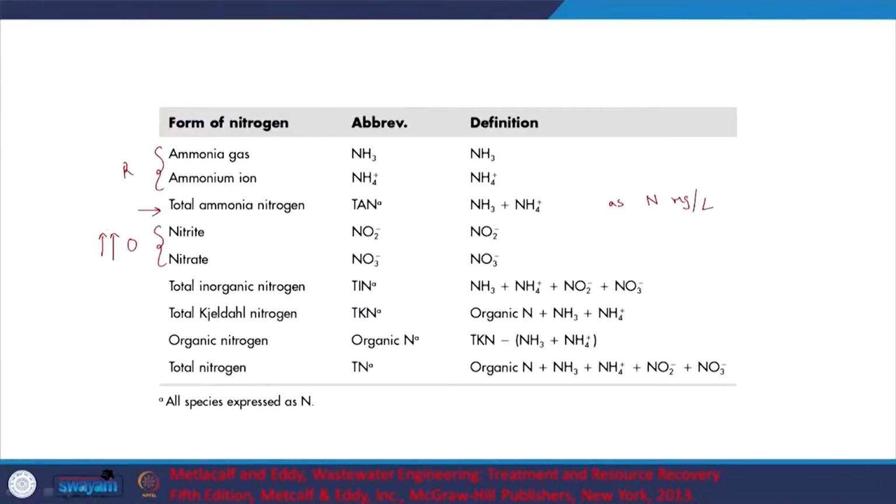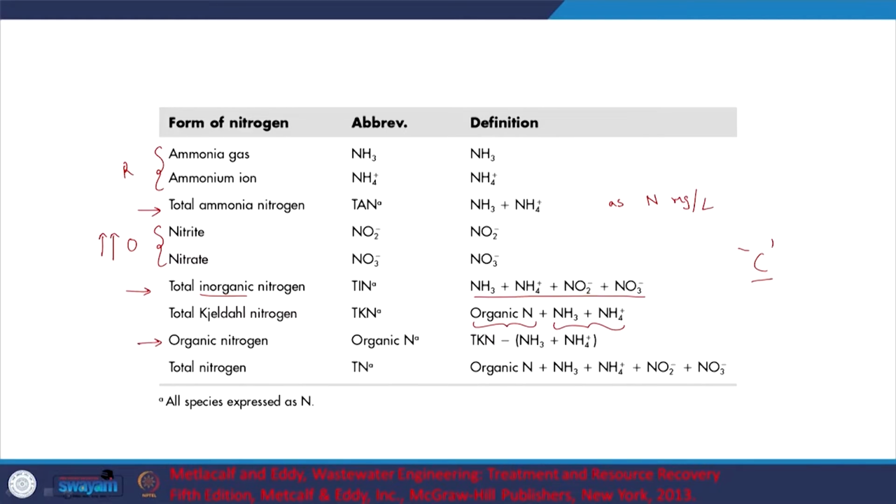And then obviously, we have the total inorganic nitrogen, as the name indicates it is inorganic, that is why you do not have any organic content, as in no carbon. And then total Kjeldahl nitrogen, which is going to measure the organic N and the reduced forms of nitrogen.